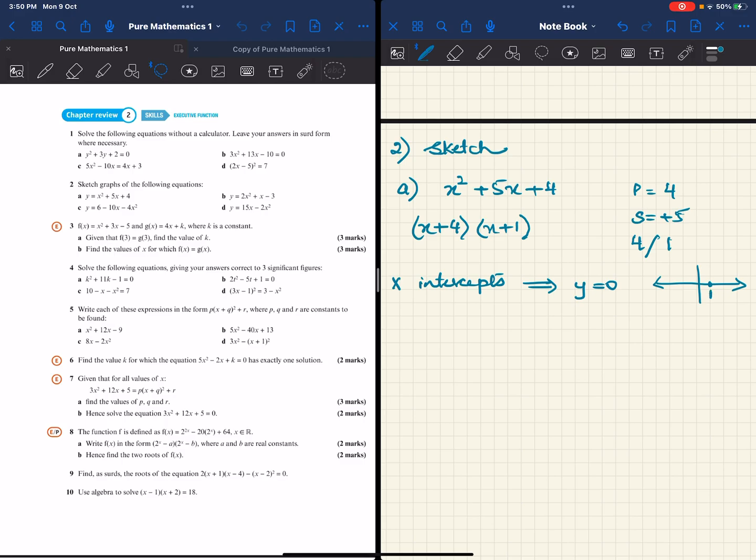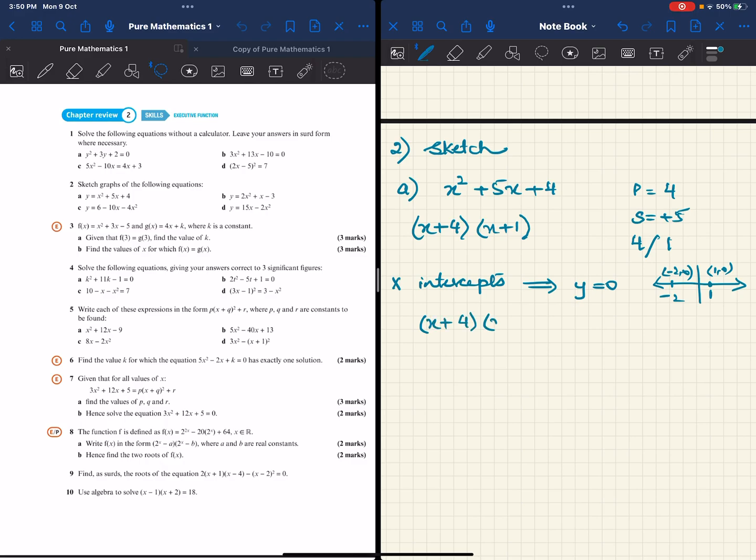So if I take this point as 1, this is actually 1 comma 0. If this is say minus 2, this is going to be minus 2 comma 0. So on the x-axis, the y coordinate is always 0. To find the x-intercept, we equate our equation to 0.